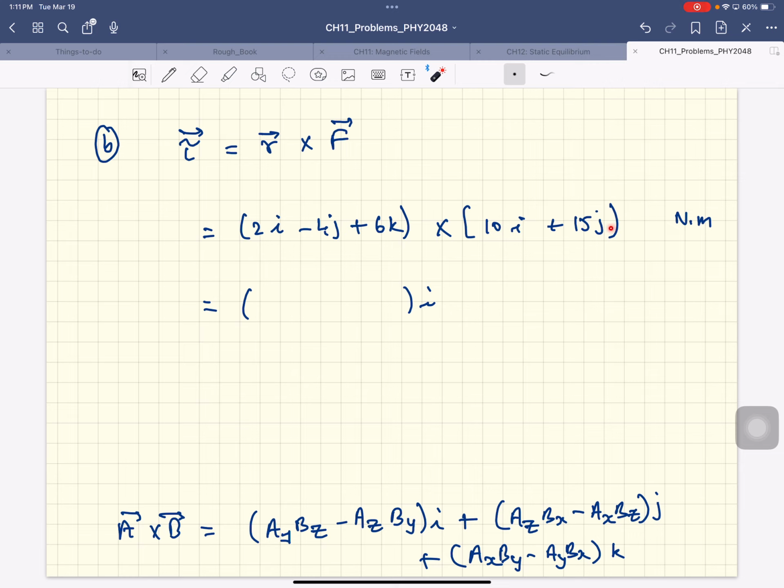BZ is 0. So negative 4 times that is 0. So that is 0 minus 90, right? Okay. So 0 minus 90. Okay, do the y component.